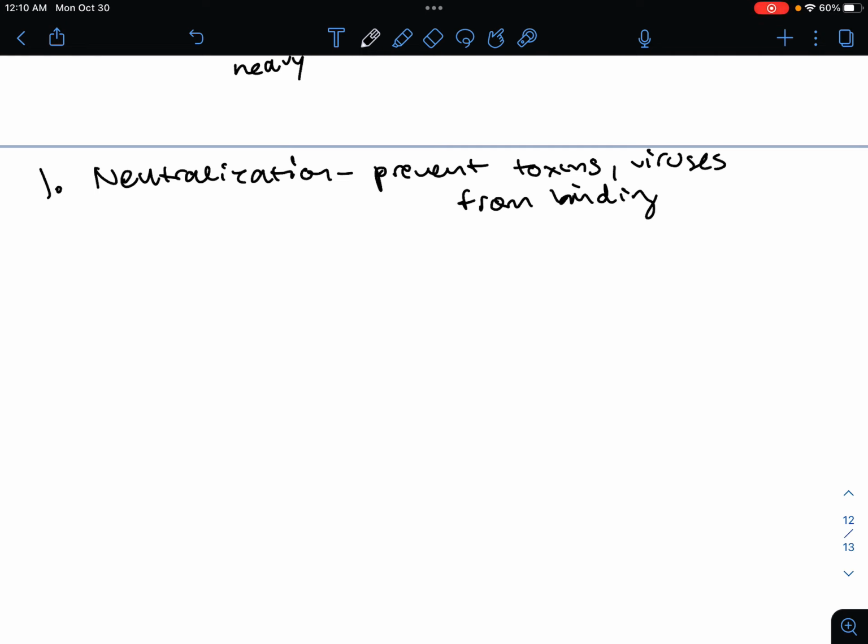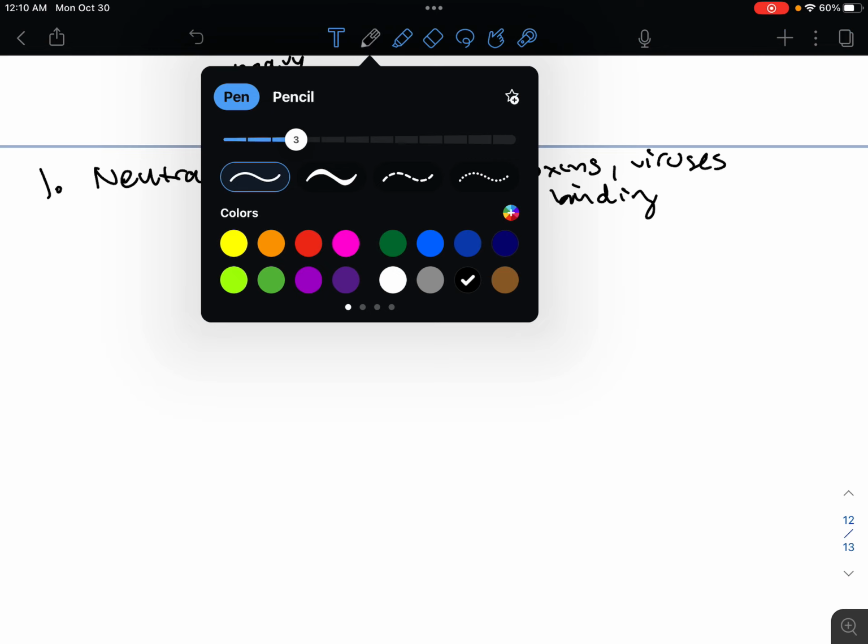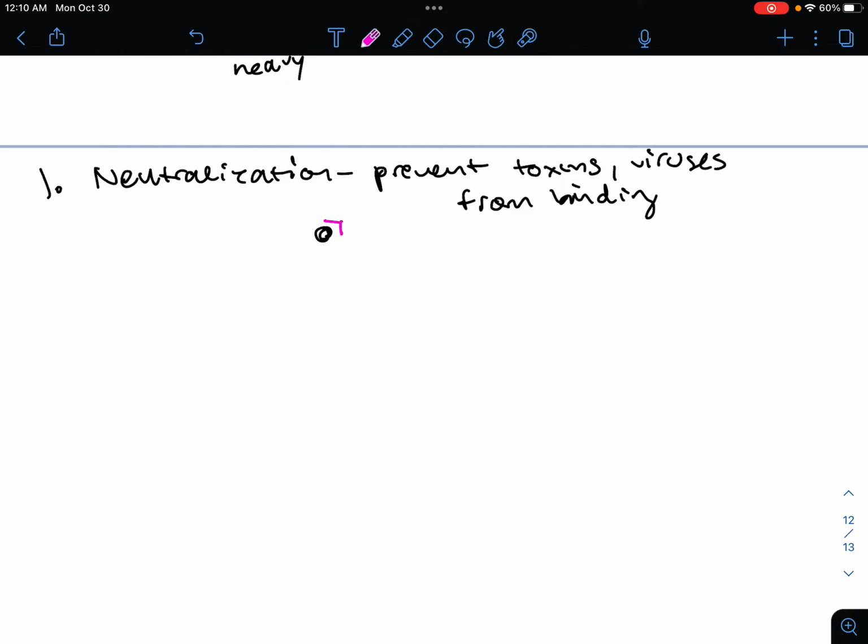Again, these need to be bound to the cells in order to actually affect them. So if we have this virus here, and we're going to surround it by these antibodies that recognize those specific epitopes on its surface, that virus or that toxin now cannot bind to anything once it's surrounded by all those antibodies.